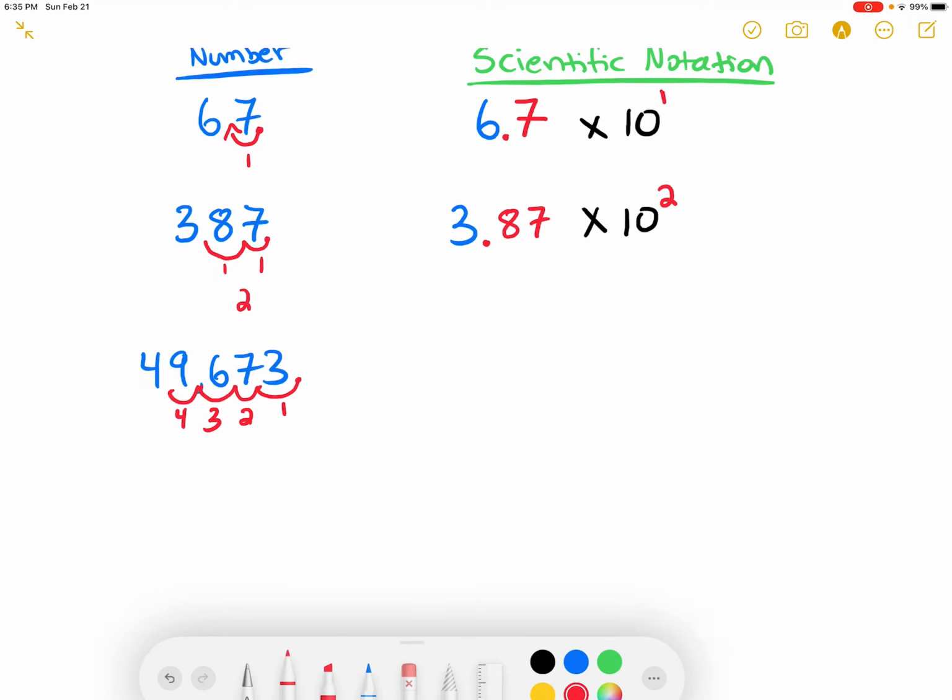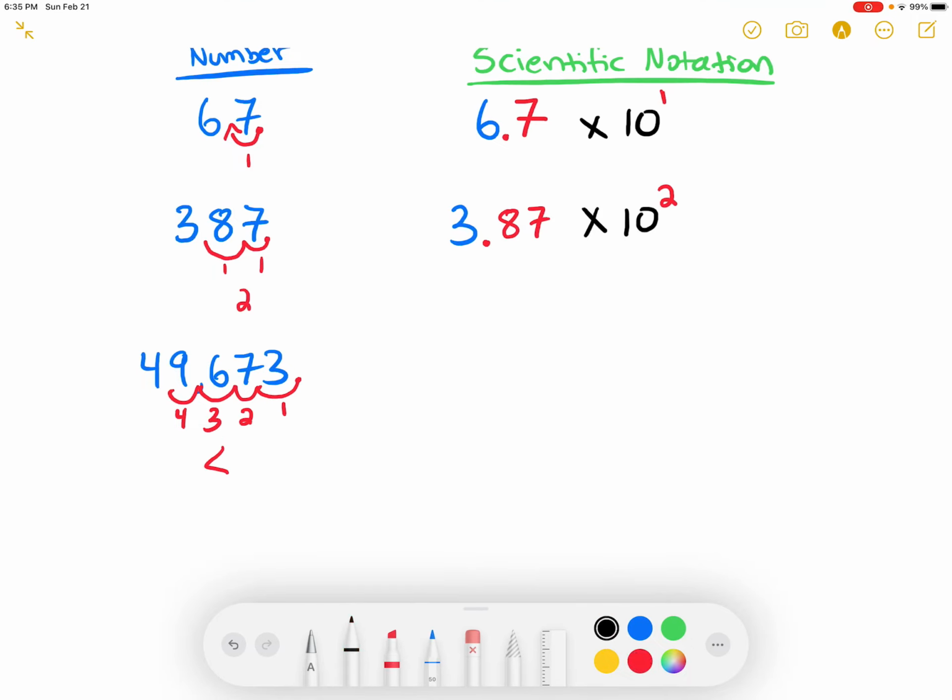We moved the decimal to the left 4 times. So that's going to be my times 10 to the 4th power. And my new number over here is the first number, then a decimal, then everything else. 4.9673 times 10 to the 4th power.